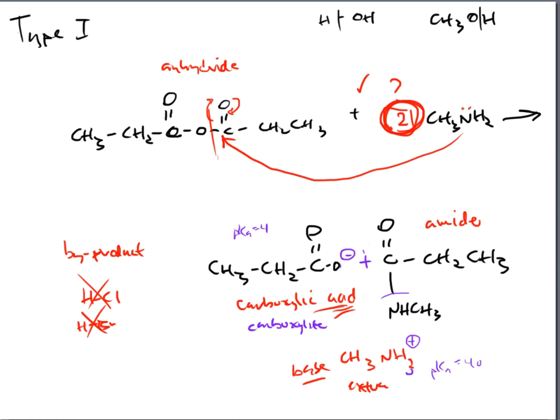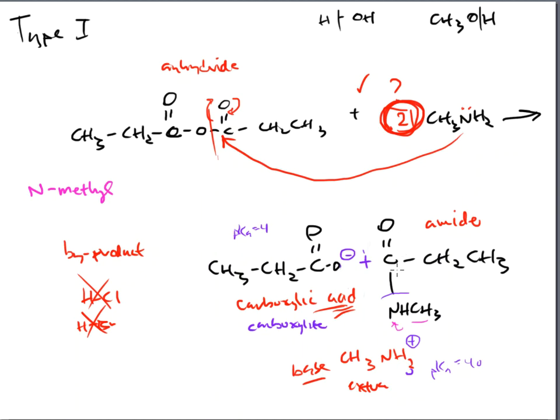Now, if I want to go back and do a review of the nomenclature, what I'll do is name the amide. You know, we've done quite a few of the anhydrides already, so let's go ahead and name the amide again just to get some practice. So I name the group that's on the nitrogen first, and that is a methyl. So I need to write N-methyl. So that's how we will start that out.